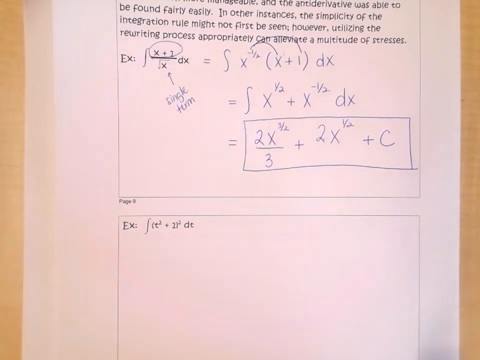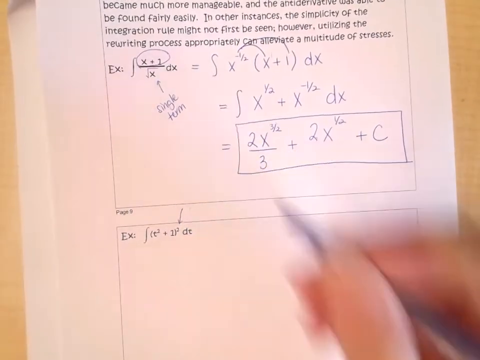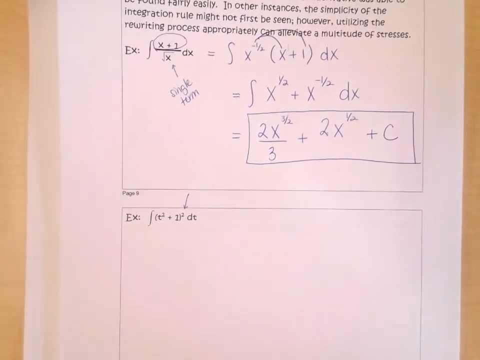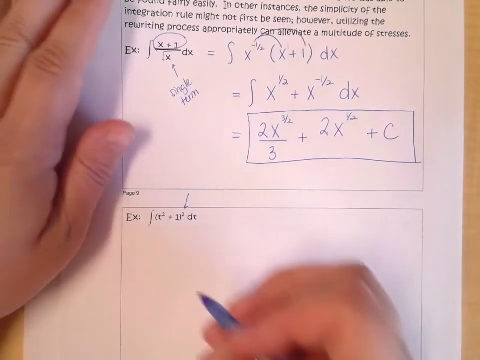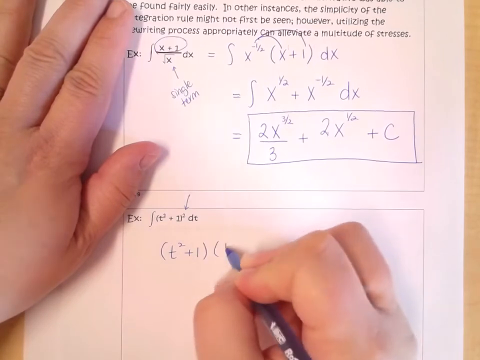So what would you do with t squared plus 1 squared that would help us integrate really easily? What does that mean? Just multiply itself. Yep. T squared plus 1 times itself.